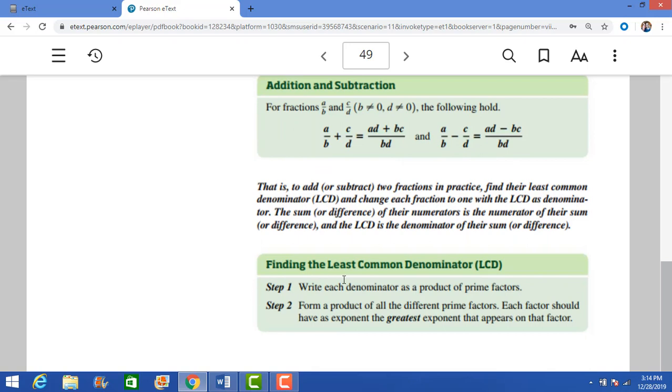To find the least common denominator, we write each denominator as a product of prime factors. Then we form a product of all of the different prime factors that we find. Each factor should have as exponent the greatest exponent that appears on that factor.